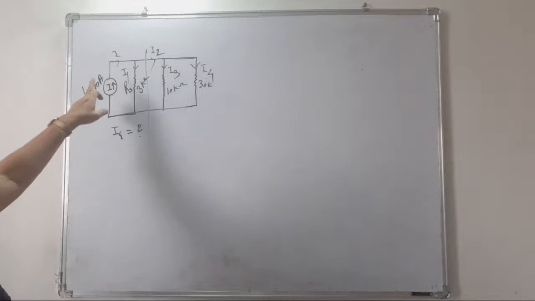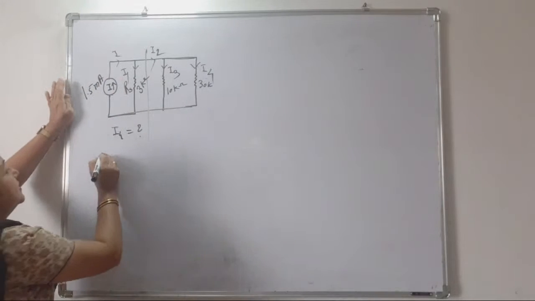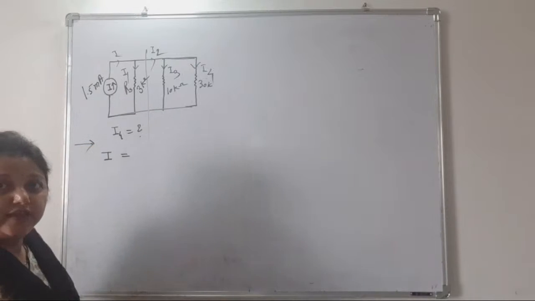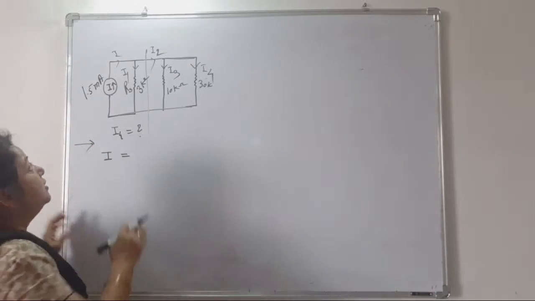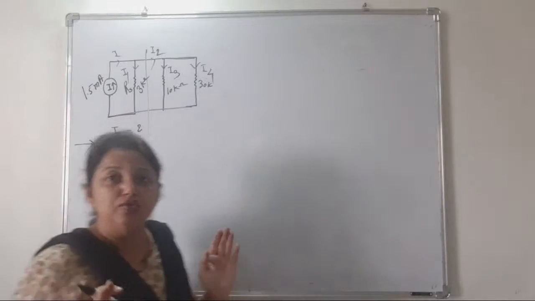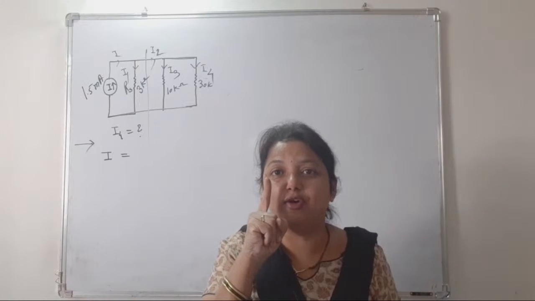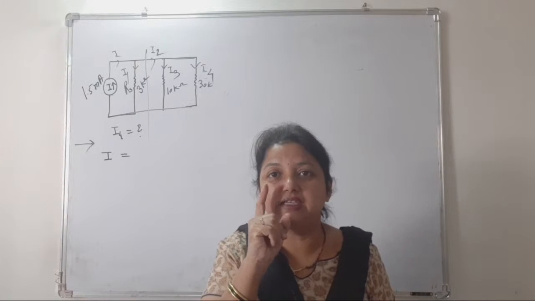We know that I is equal to I1 plus I3 plus I4. Now we start simplifying. Do not get confused by that source resistance; it is simply one of the resistances of the parallel combination.